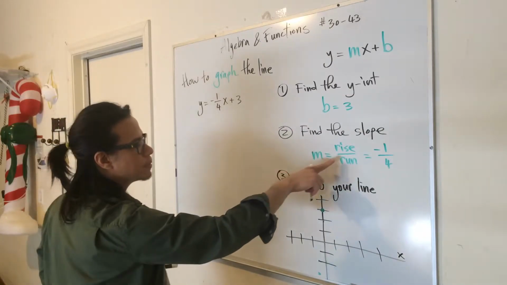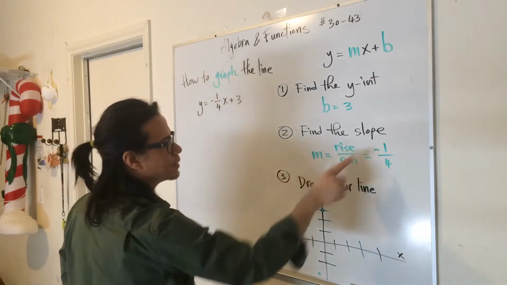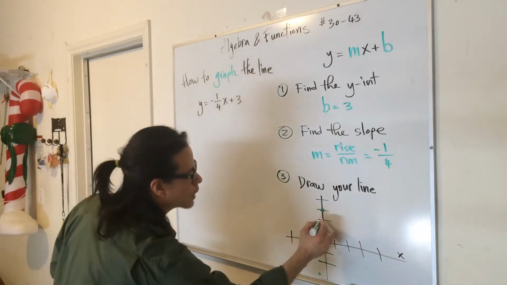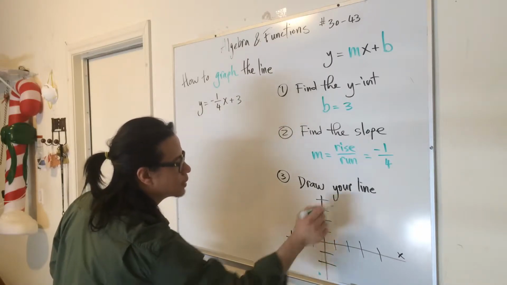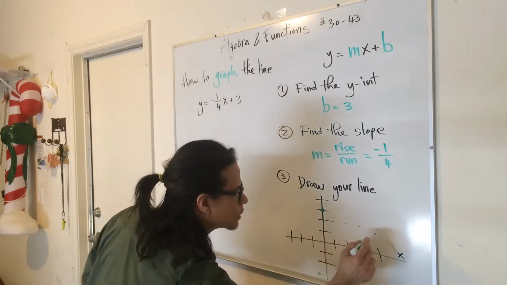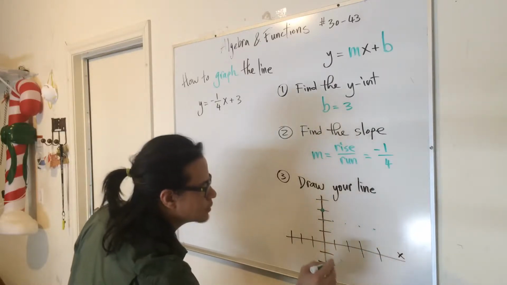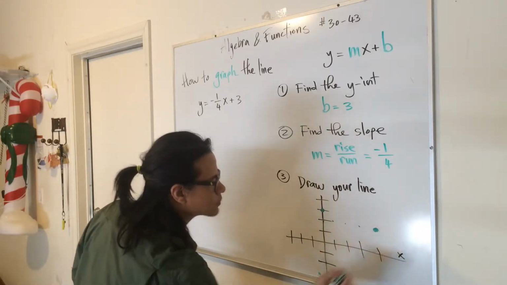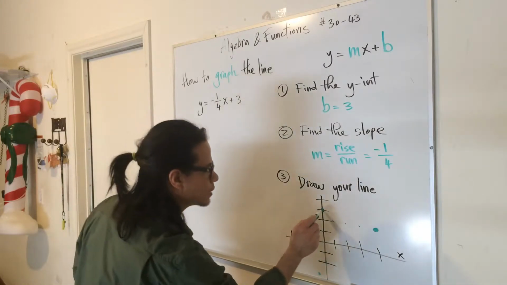Now let's use the slope here. The rise is negative 1, so we're going to go down 1 and then over 4. 1, 2, 3, 4. Notice that we have 2 points. You can connect them.